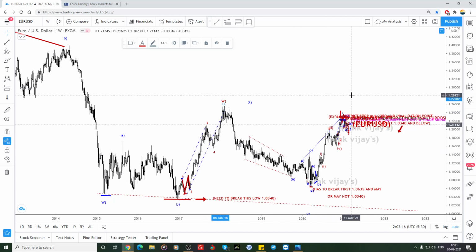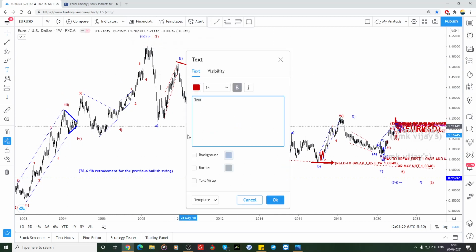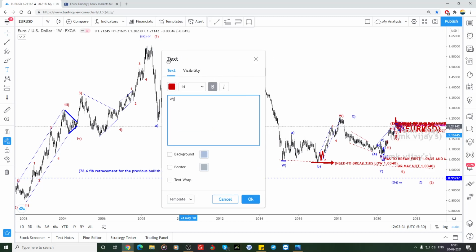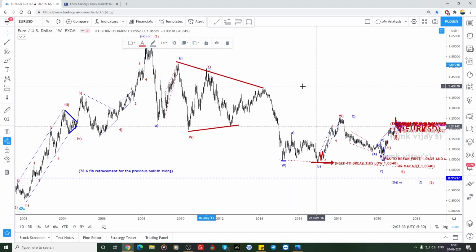It could extend also. So in that case, this ABC is a B, and C. So this could be a W. So this could be an X, right?